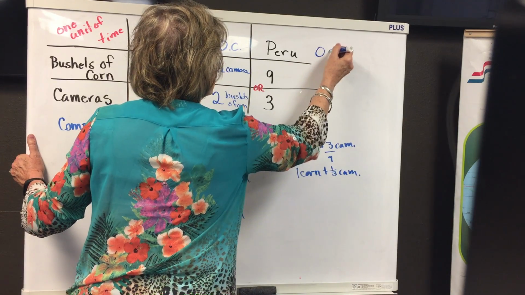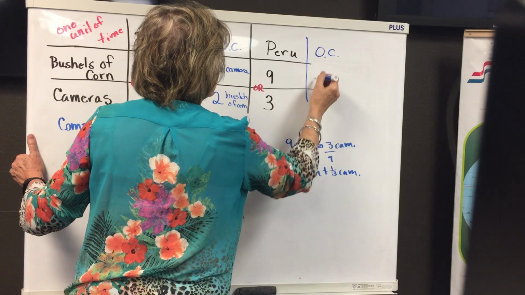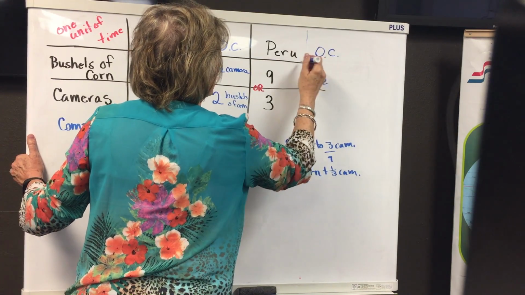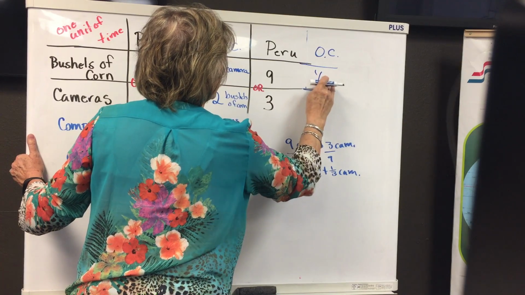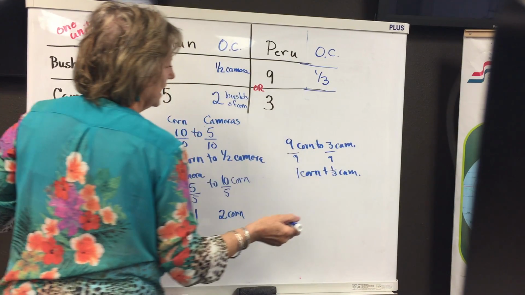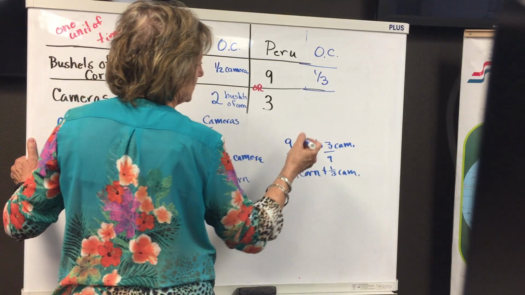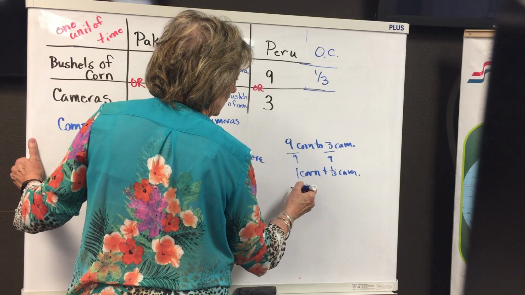So the opportunity cost here is 1/3 of a camera. And again, we should know that this is going to be a reciprocal. It's going to be 3, but we're going to go ahead and work that out.